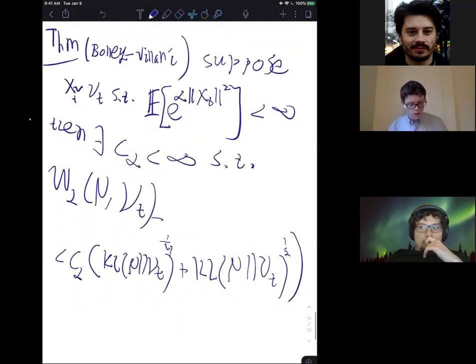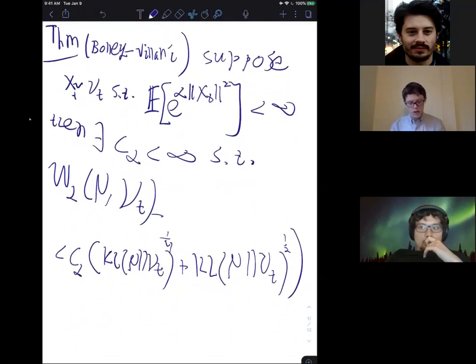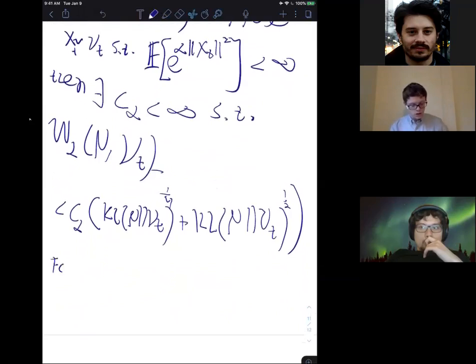And in particular, since we want these things to go to 0, what we really care about is this 1/4 term. But the important thing is that all we need to do is bound the KL of mu nu t. And so obviously we want to apply this for mu equals nu t hat.